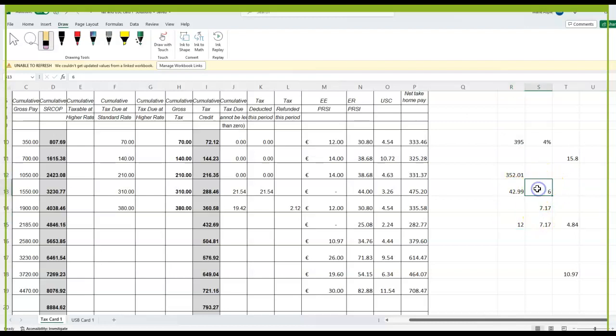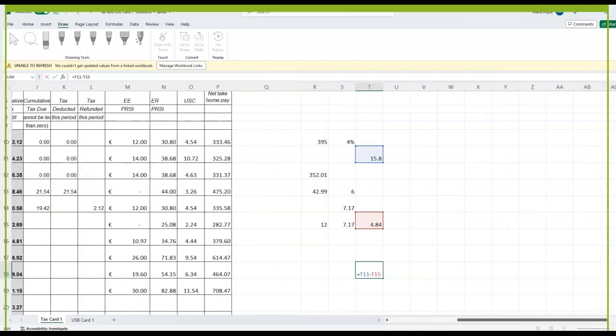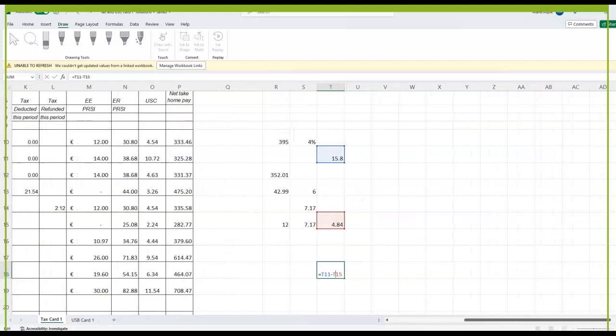I'm taking this figure and dividing by 6. It's giving me 7.17. And that's what you use to reduce your 12 credit. The remaining portion is 4.84, and that is used to reduce the original PRSI calculation back to what we can offset off the employee's.